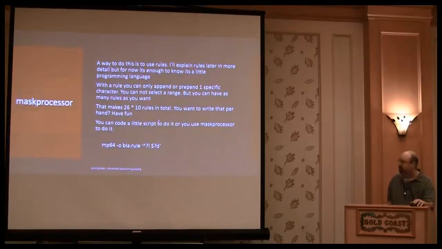So let mask processor do it. It's very simple. You use the prepend char, and you say $L, it will generate all A to Z variables, and you say also $E, and in combination to that 26 variables from $L, it will generate 260 values, rules.